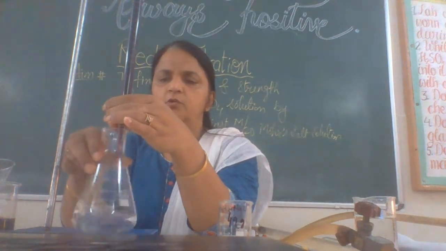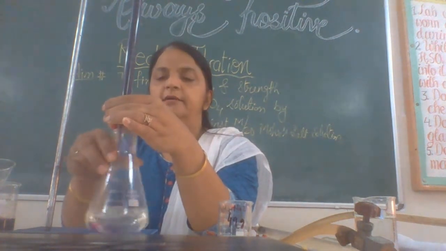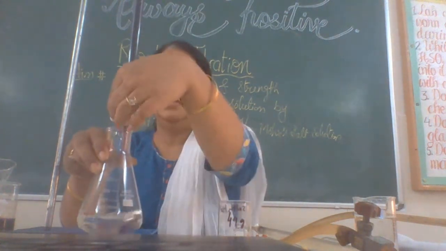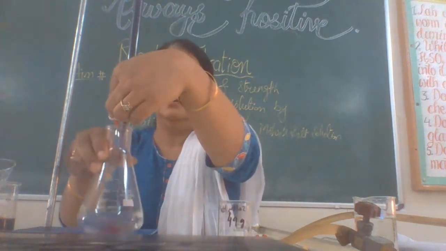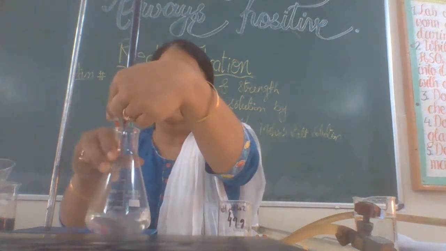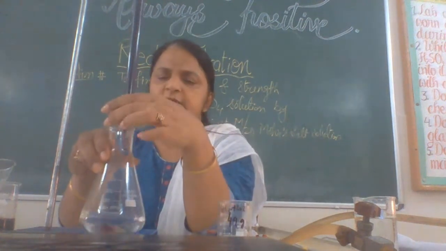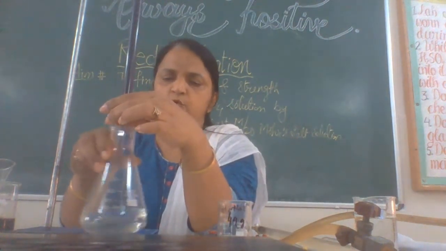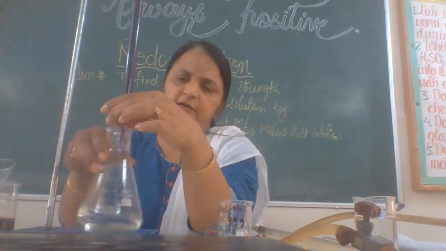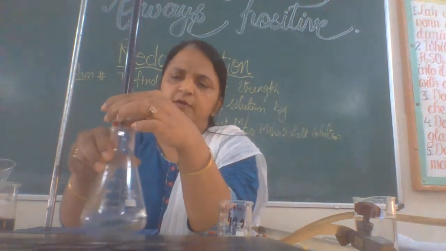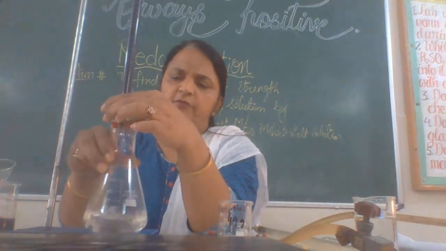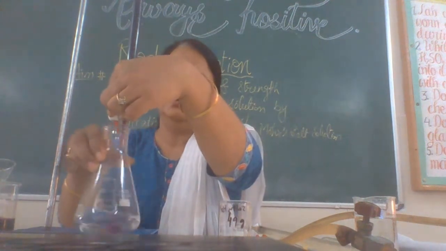So right now no color change is observed, and you need to be very careful while performing it, because at an instant one drop will be enough to change the color of the solution. Just one drop after the completion of the reaction will change its color to light pink.